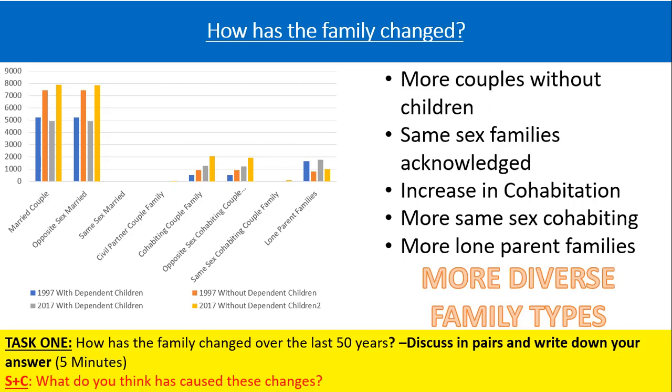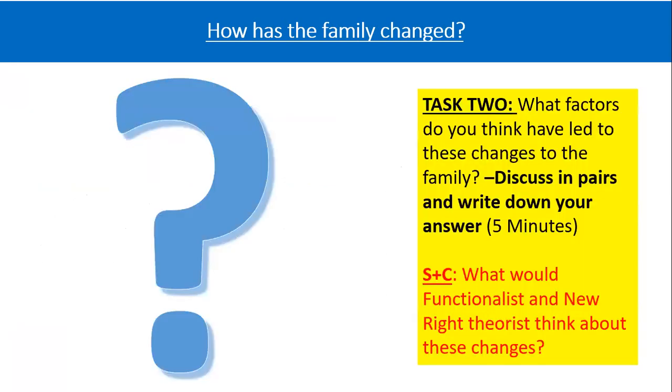So we're going to be looking at why family structures are becoming more diverse, and why there's been not necessarily a massive decline of the nuclear family, but essentially a moving away from traditional family types.